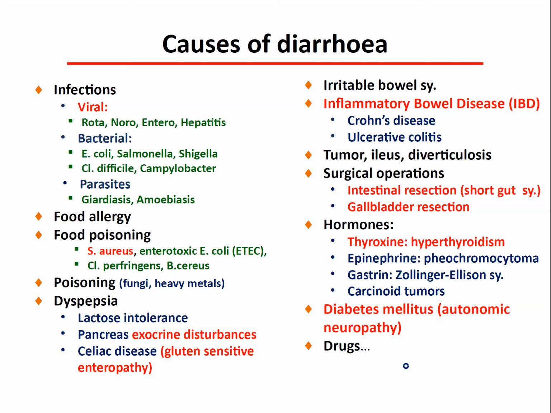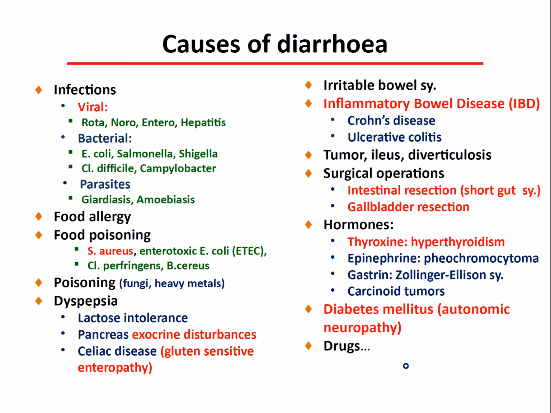But bacteria, you will learn in microbiology, E. coli, Salmonella, Shigella, or Clostridium difficile, or Campylobacter, or parasites, giardiasis or amoebiasis, can cause diarrhea, and this can be treated properly. So in this case, these feces should be evaluated by microbiological tests.